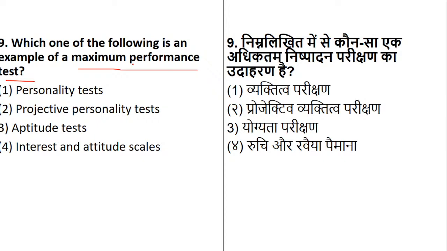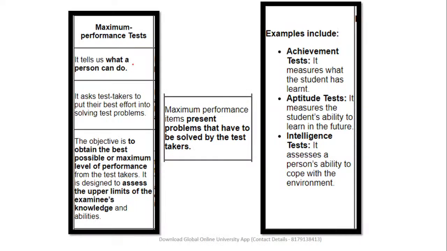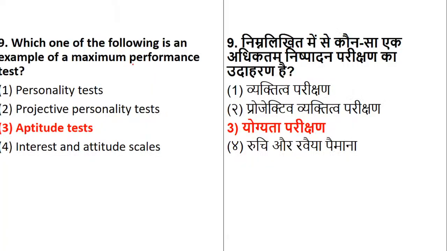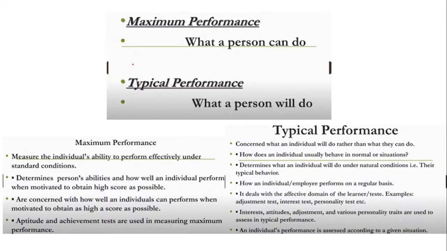Okay, 9C, yes. The 9th answer is right, but I hope everyone knows about the concept. It's a big concept. Maximum performance test is aptitude test, but I don't know whether you know the concept behind that. So I'll take the concept also.